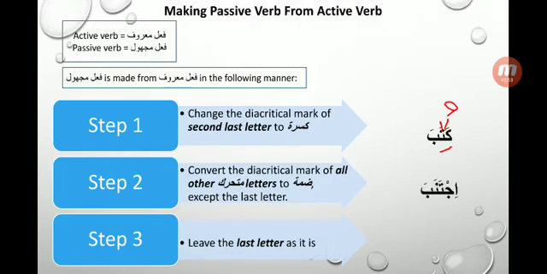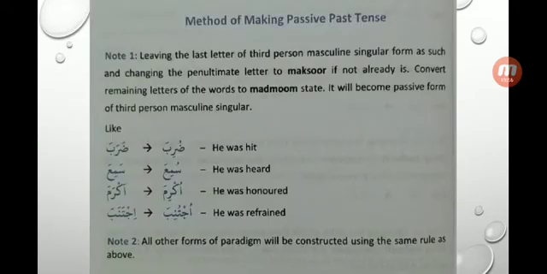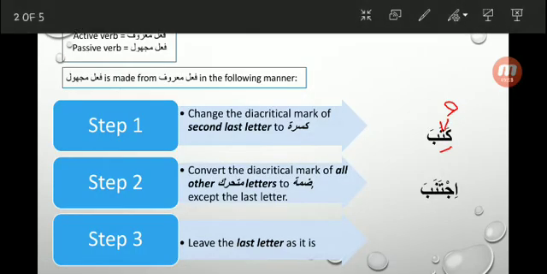Then the next word we have is ijtanaba. Let's apply the rule on this as well. We will first change the diacritical mark of the second last letter to kasra. The second last letter here is noon, so we'll change the haraka of noon to kasra. Then we'll convert all other mutaharrik letters to zamma.